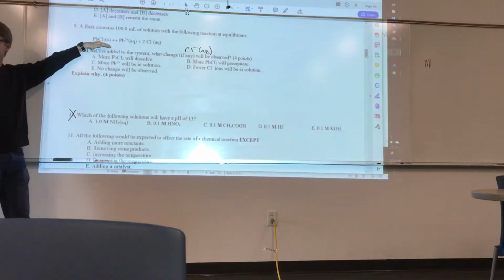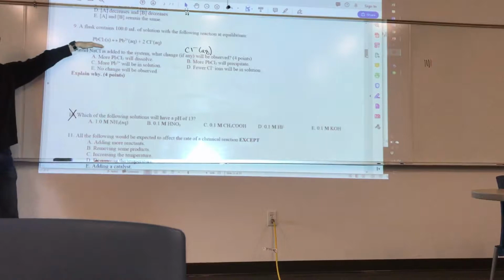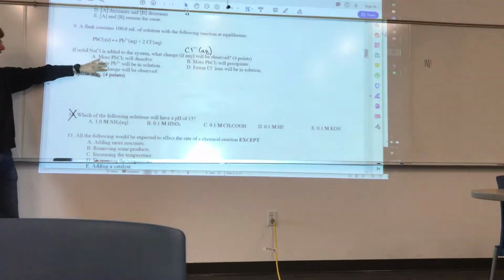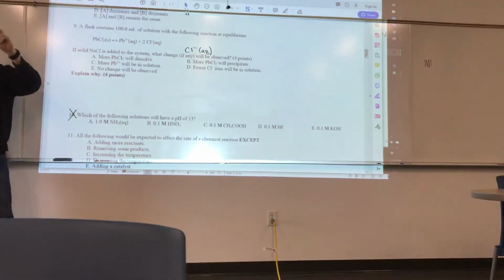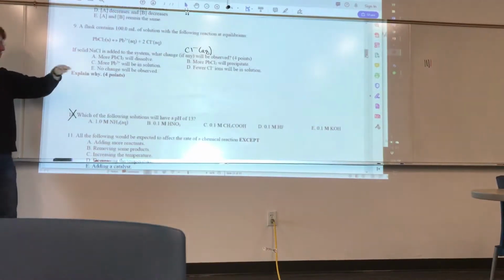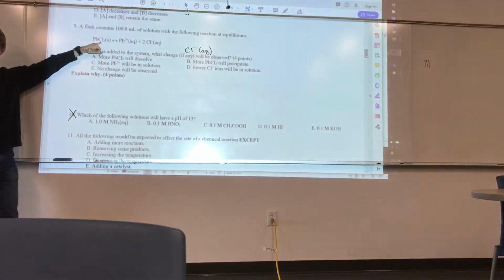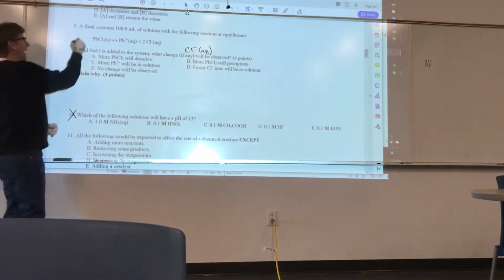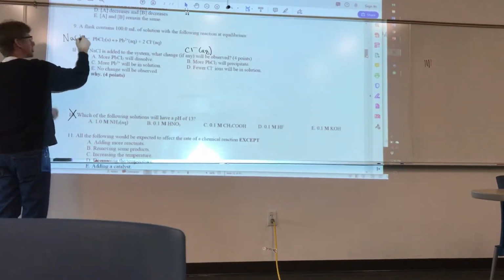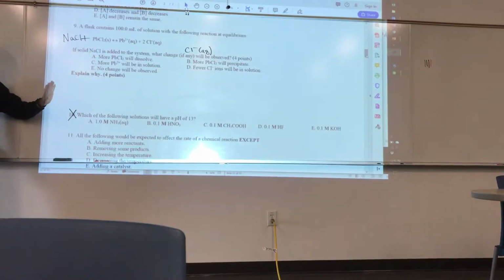And so when you're dealing with Le Chatelier's principle, pretty much you have to take what you're given. And then if I say something has happened, your goal is to find out what its effect is on the equilibrium you've been given. You do not add sodium chloride, although I totally get the temptation to do that.